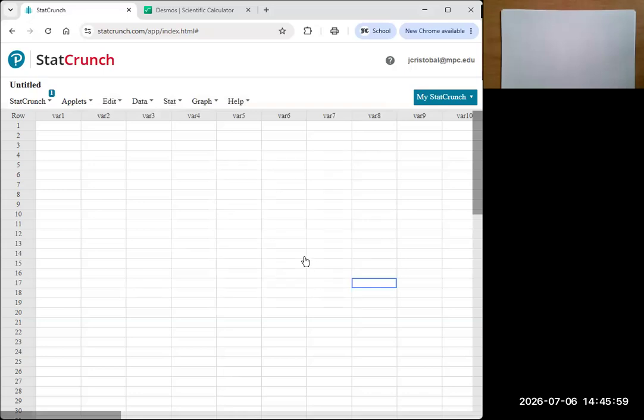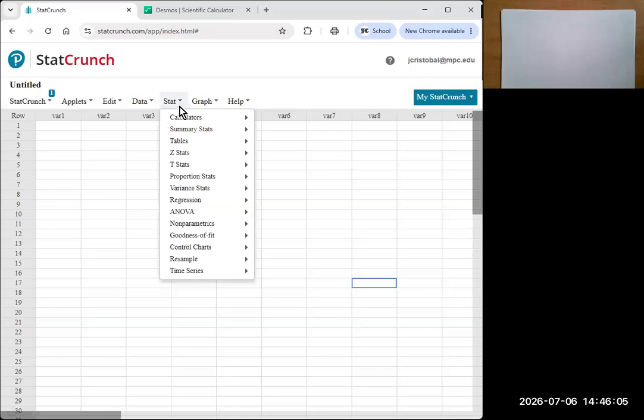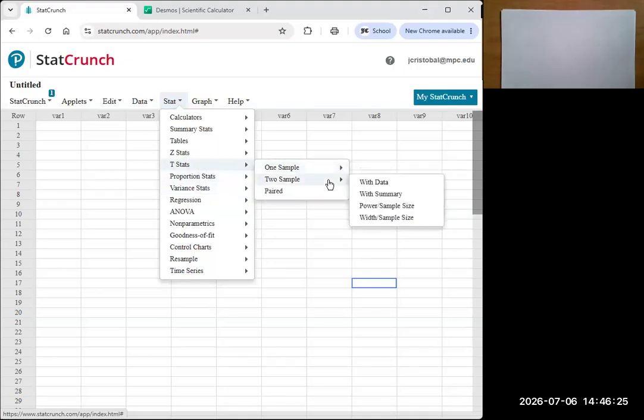Then, if we happen to jump into the next set of problems, if we have two populations that we're comparing, we can look in the text, look online to see how we notate the hypotheses there. We're going through a very similar set of operations, but now whether it be proportions, the mean, or even standard deviation or variance, if we have two samples that we're comparing, we go to Two Sample instead.